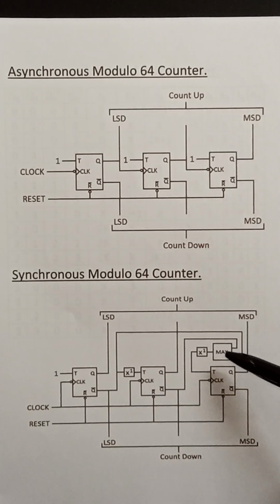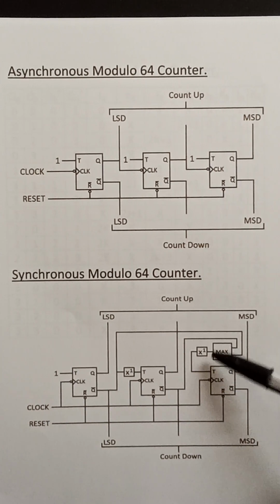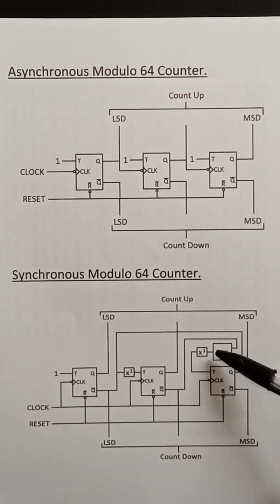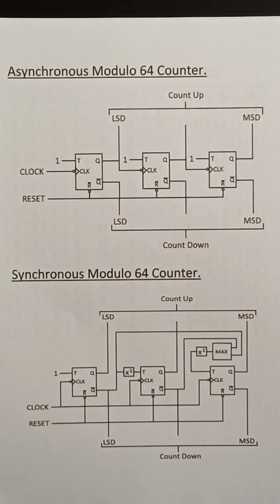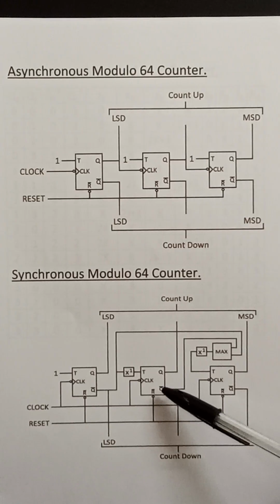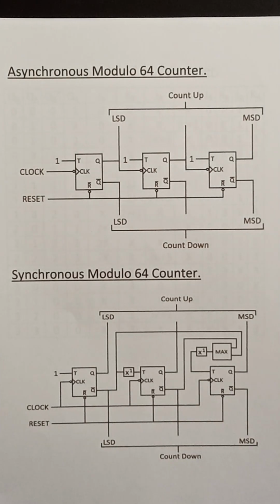So the 0 goes into the max function, which gives a 0 output, and the x1 gives a 1 when the output from the max function is a 0, and a 0 otherwise. So basically you can have another stage with a max function and an x1 function with the outputs fed from not QA, not QB and not QC, for example, for a next stage.